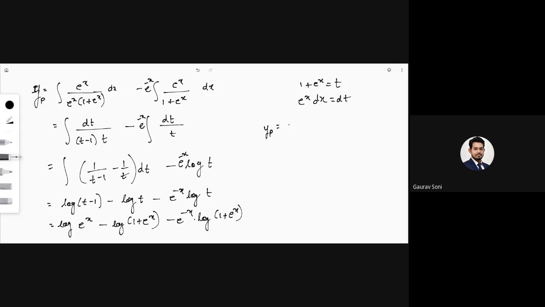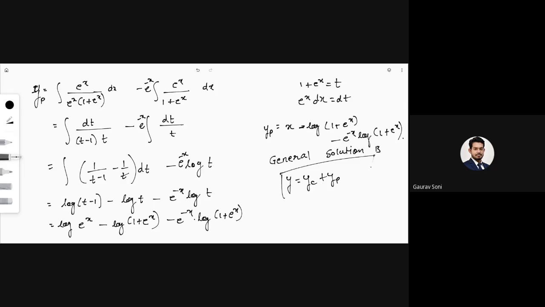Yp is equal to x minus log of 1 plus e to the power x minus e to the power minus x log of 1 plus e to the power x. The general solution is y is equal to yc plus yp. You can put the values and that will be the final solution.